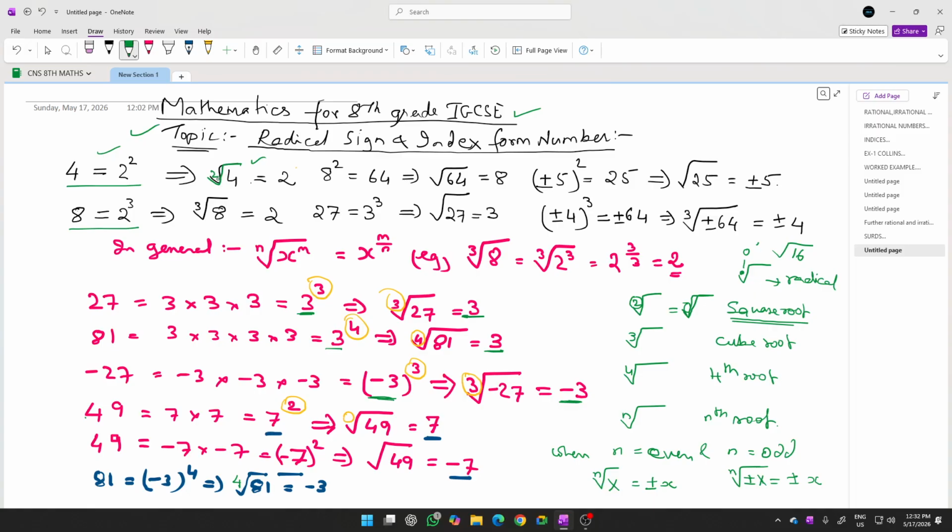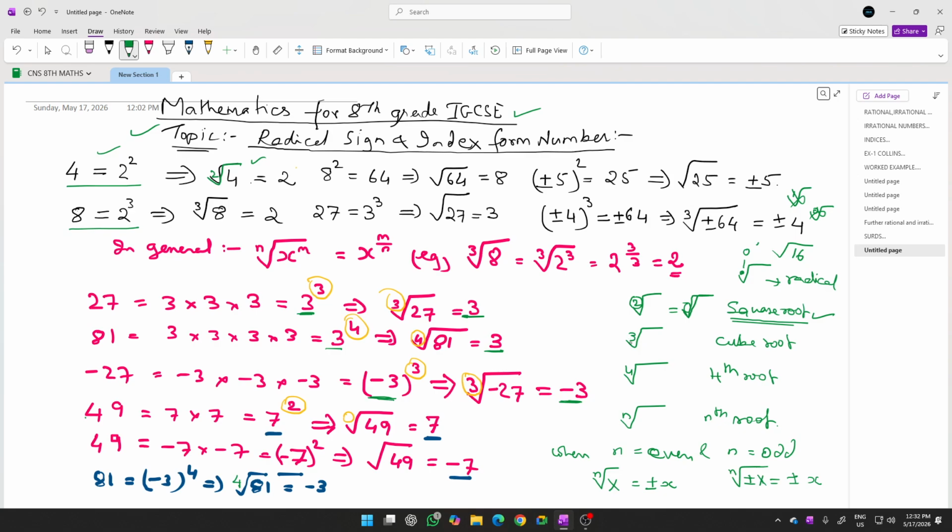You are not supposed to write it, but you don't assume that there is a 1 or a 0 over there. You don't have anything like a radical sign with a 1 or a 0 at this place. So it starts with a 2 and then it is read as square root.